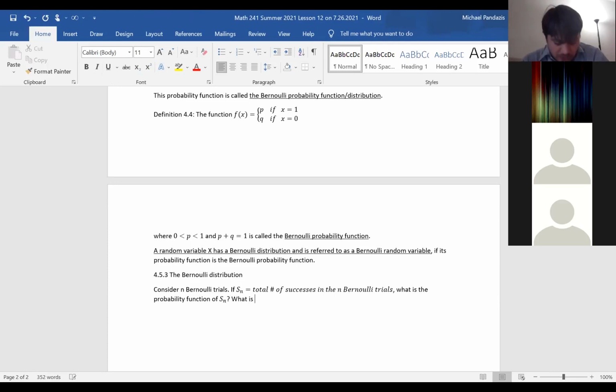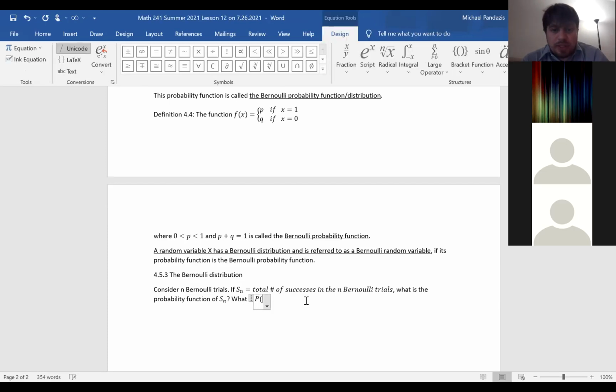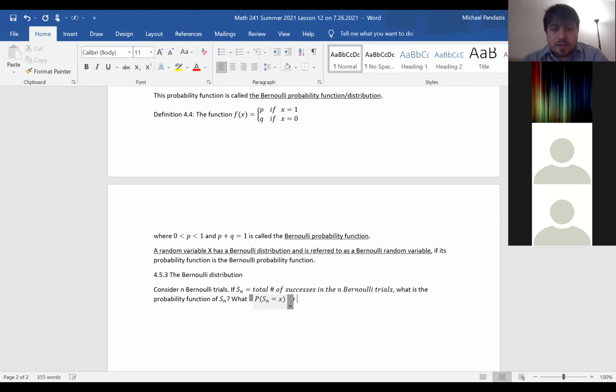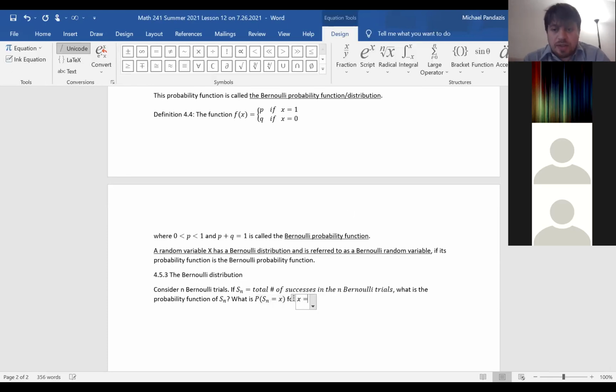What is the probability of S sub n equaling little x, for little x values 0, 1, 2, and so forth, up to and including little n?